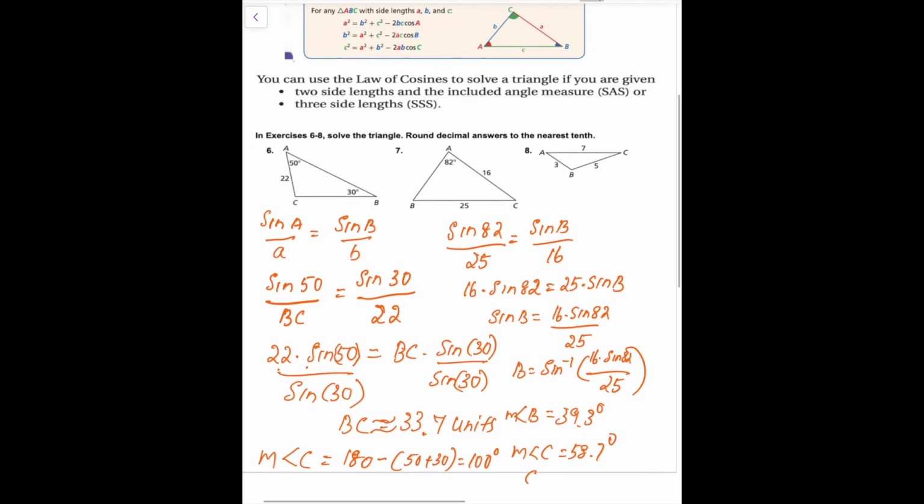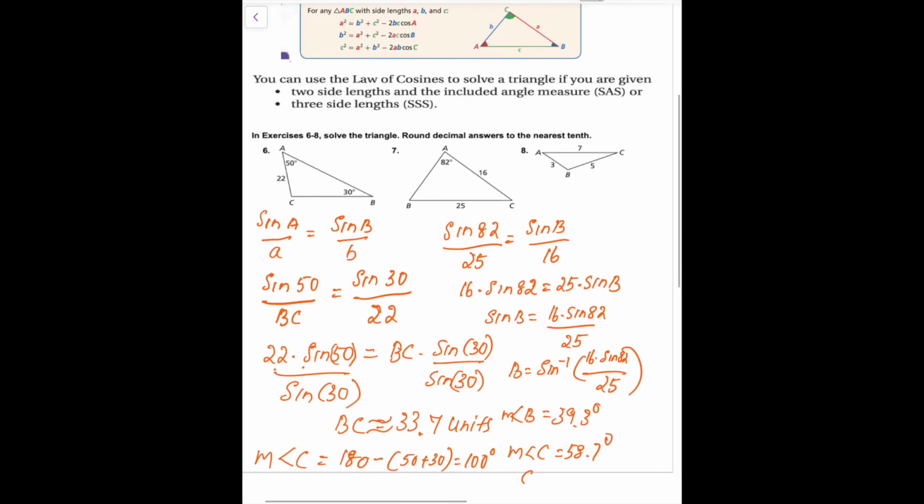So I'll write down C here, and we will do this problem on the next page. So C equal to 21.6, and we will do number 8 on the next.